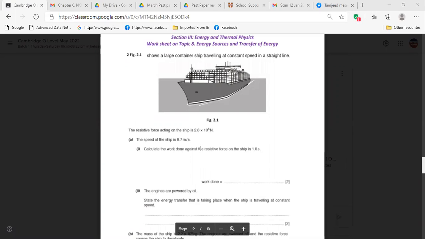Okay, do it please. All of you do it, then check what answer is coming. 2.7 times 10 to the power 7 joules, right?